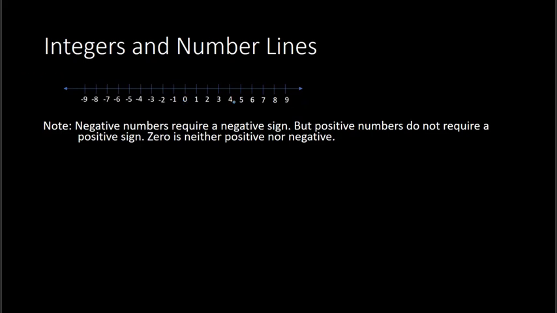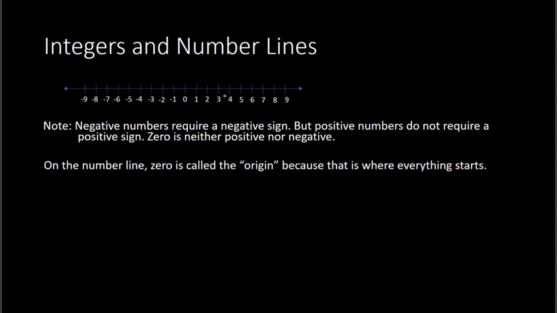To the right, you have all the positive numbers, and to the left, we have your negative numbers. Because everything is really starting at 0, the 0 is called the origin. Origin simply means the beginning. So it begins at 0, and then left and right we have the other numbers.